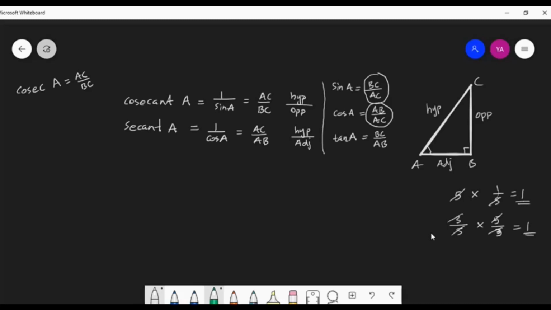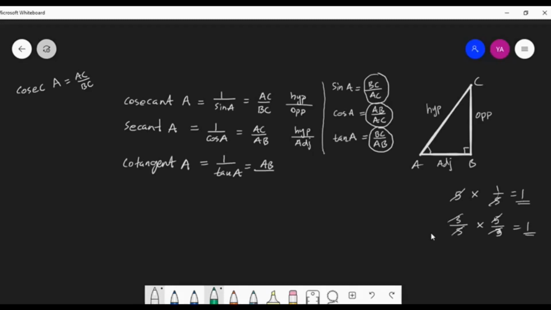The next one is the cotangent. Cotangent of angle A is 1 by tan A. Here tan A is BC by AB, so cotangent of A, the reciprocal of tan A, is AB by BC.